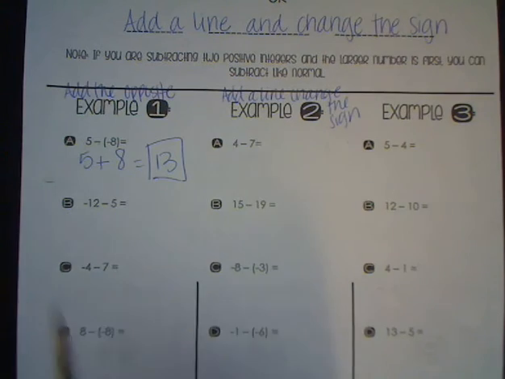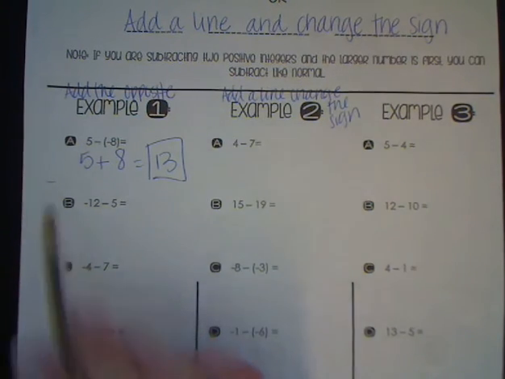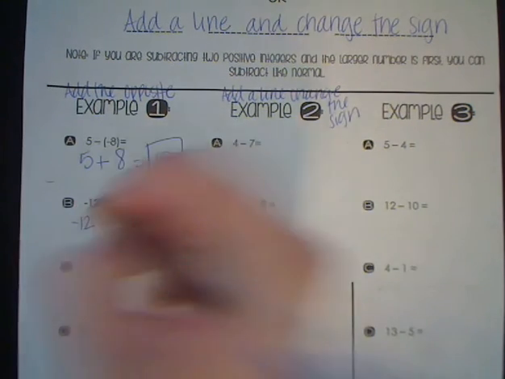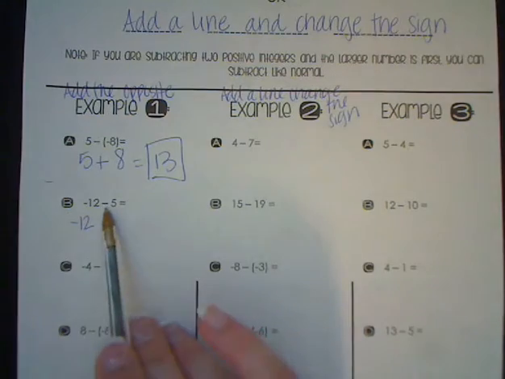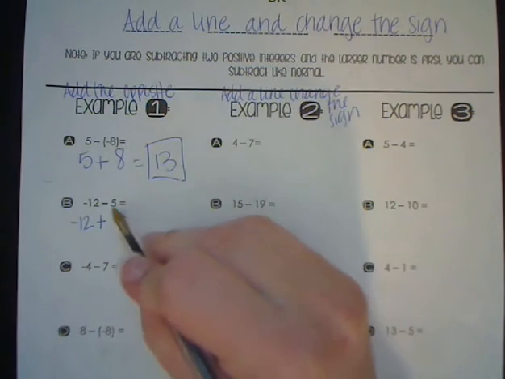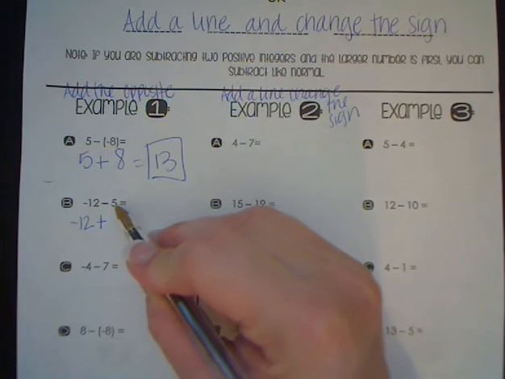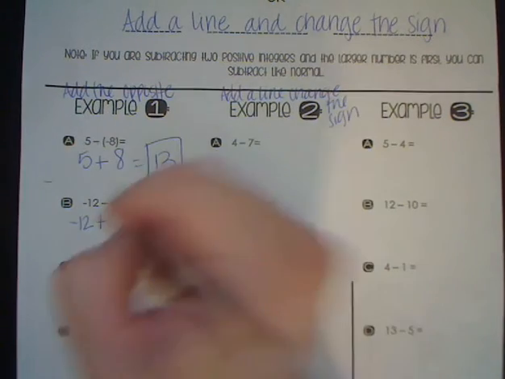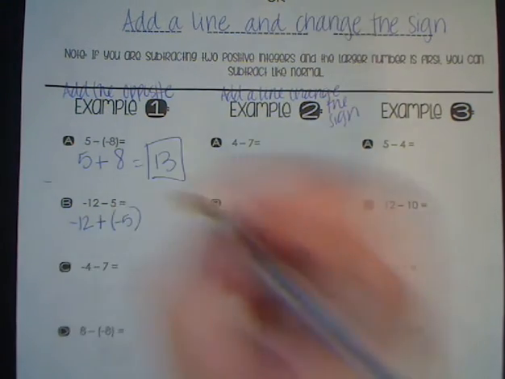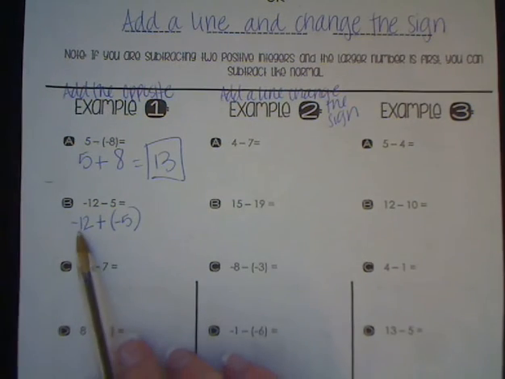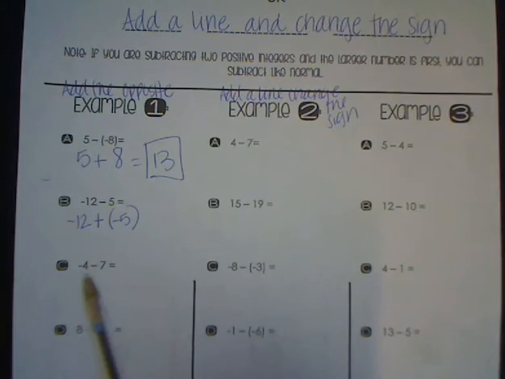All right, let's look at B. So I've got negative 12, and I want to add the opposite. What's the opposite of positive 5? Negative 5. Again, when I'm adding, you have to go back to your rules for addition.